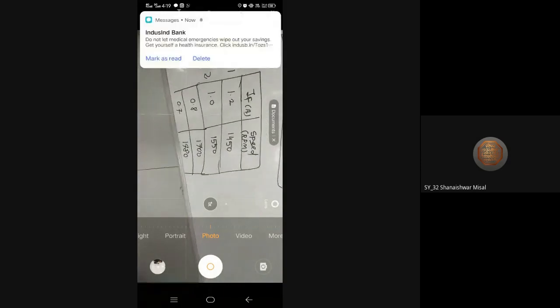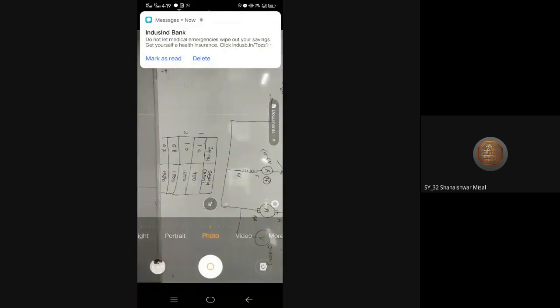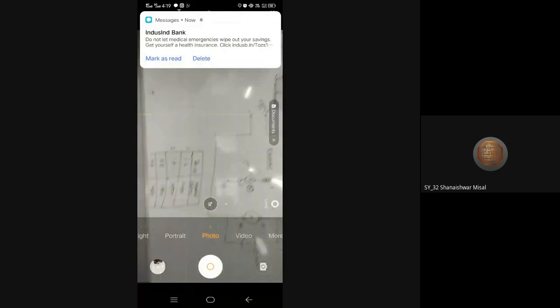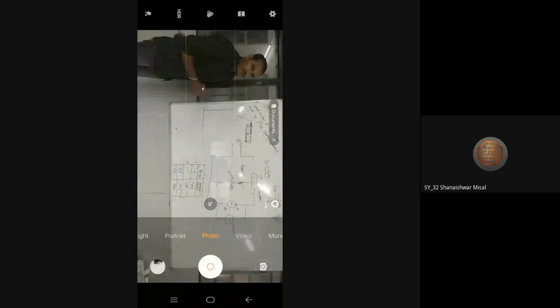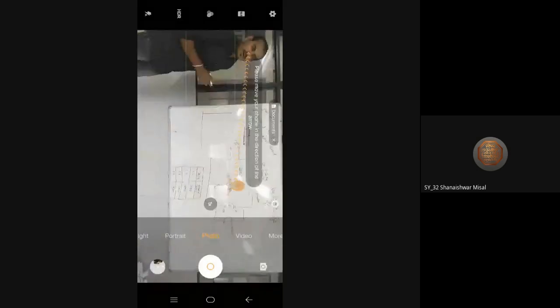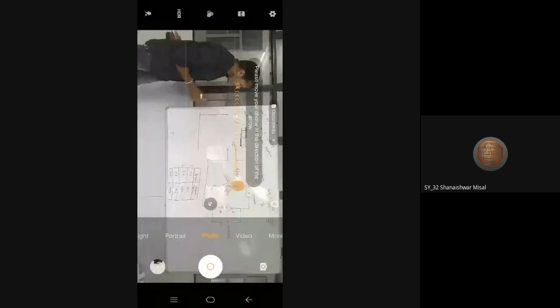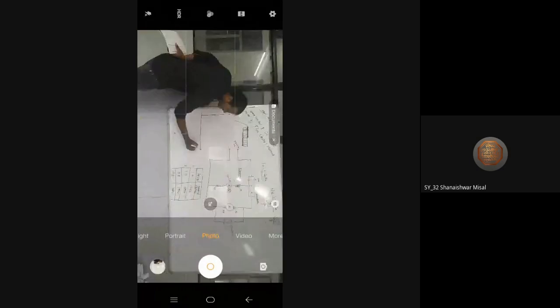Okay. Now, with reference to these readings, we will just find out the graph, whether it is verified with our model graph. So here I will take the speed, and in this I will take the field current.